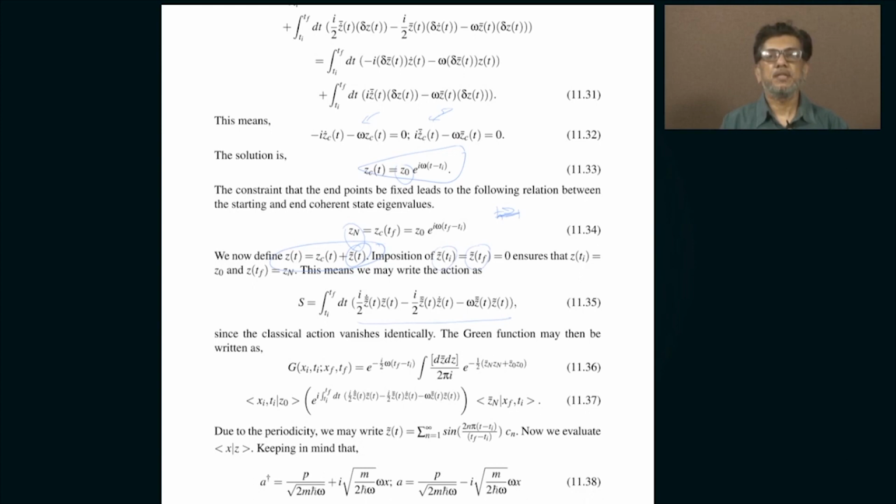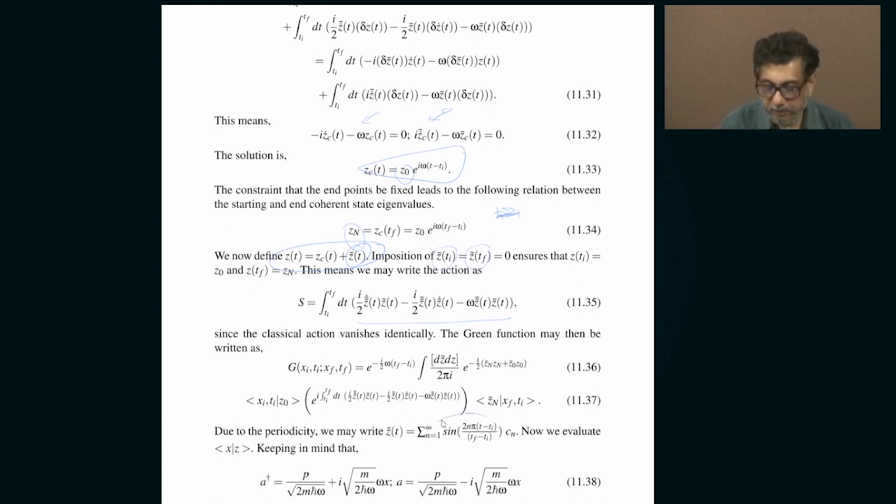At t equal to ti it's z0, at t equal to tf it is some unrelated zn. So there is no connection between z0 and zn. However, by construction z tilde is 0 at t equals ti, it is also 0 at t equal to tf. So that implies that this is a periodic function of its argument where the period is basically tf minus ti.